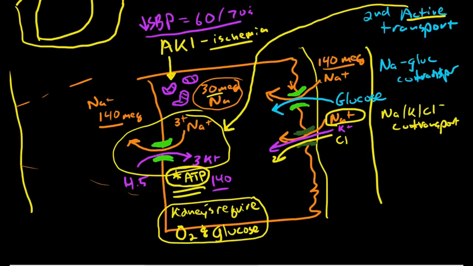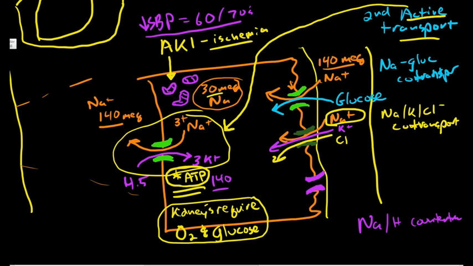Now, there's another pump that I wanted to mention. There's another type of secondary active transport, and it's called countertransport. The most famous one that I'm aware of is called the sodium hydrogen countertransport.